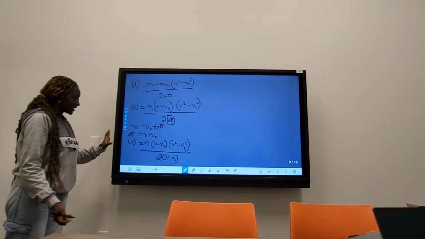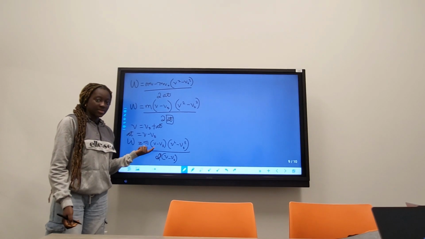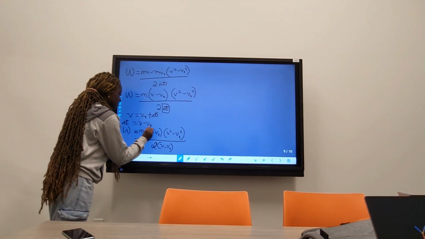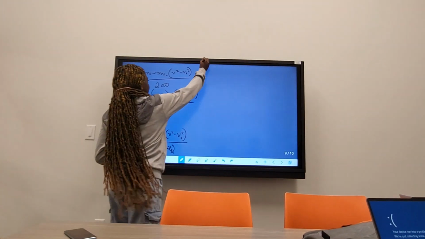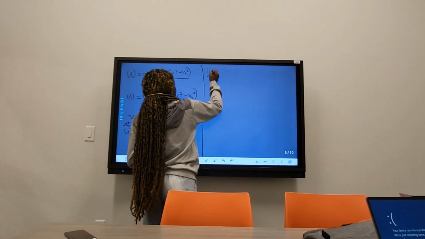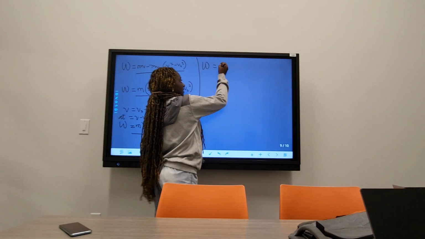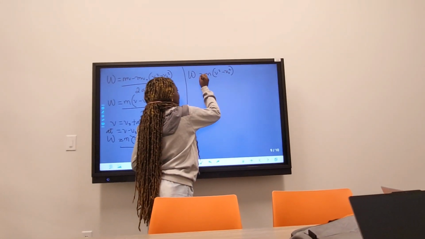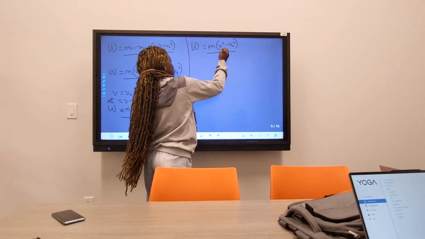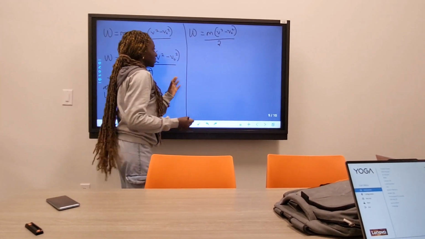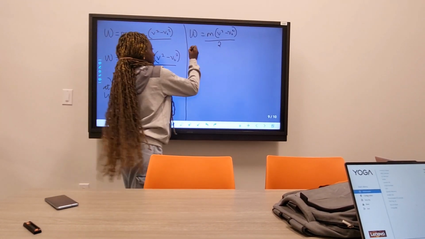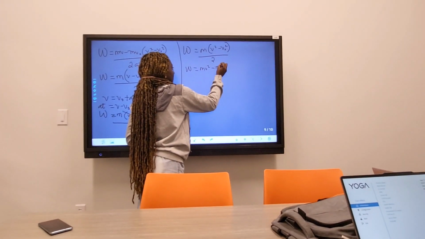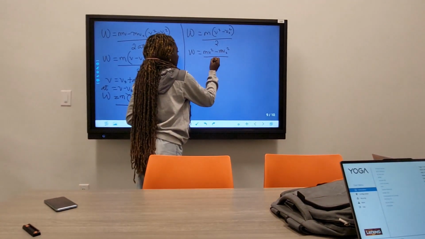You can clearly see that we have v minus v naught up here in the numerator, and we also have it in the denominator. So we are just going to cancel those out, and what we have is our work done being equal to m(v squared minus v naught squared) all out of 2. Okay, so we can multiply this through to get (mv squared minus mv naught squared) all out of 2.